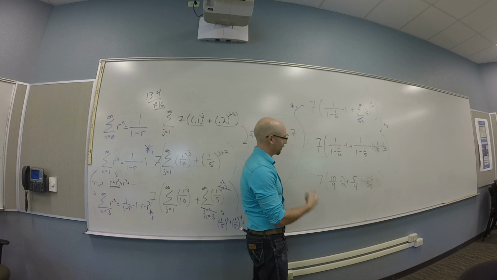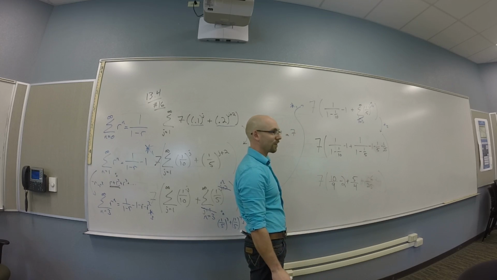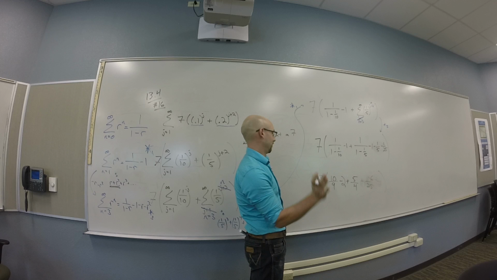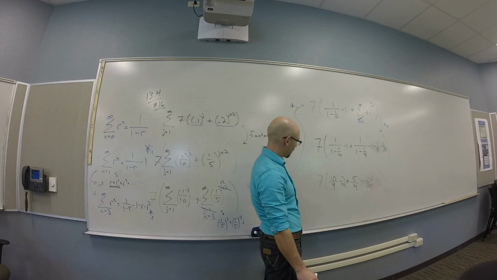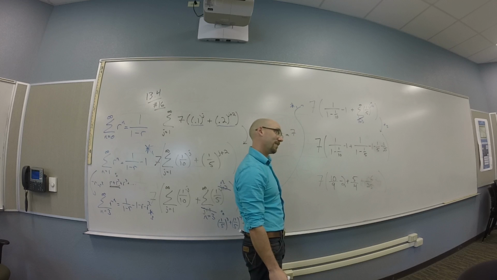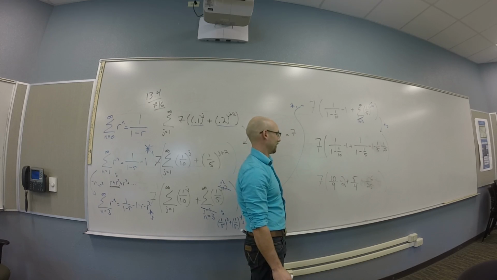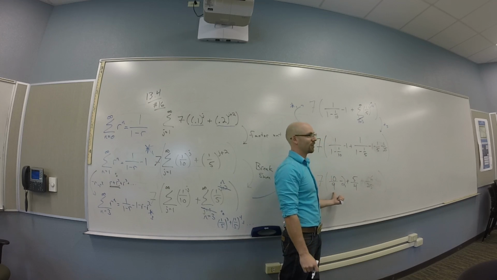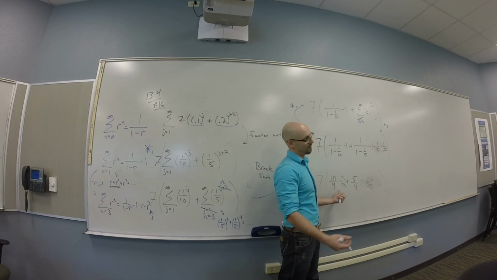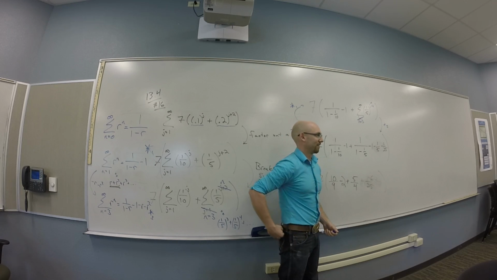And then, yeah, I'm going to have to find some common bottoms here eventually. I think the common bottom there is going to be 100 for the 4 and 5. And then there's no common factors between 100 and 9, so the common bottom's 900. Sweet. So you're going to get some 900s.